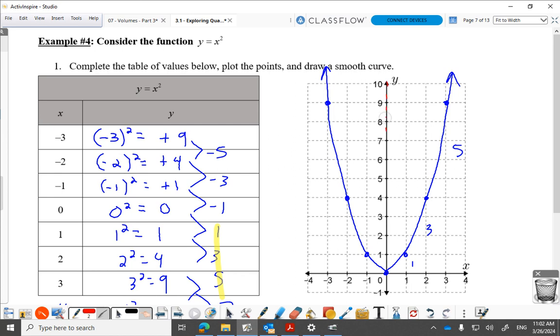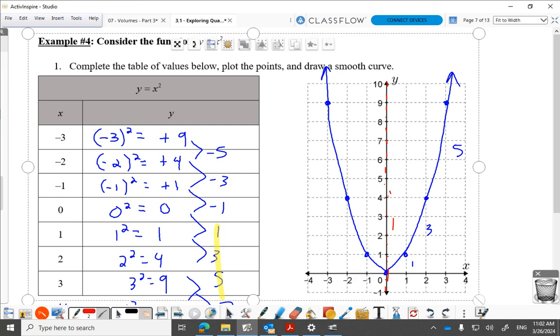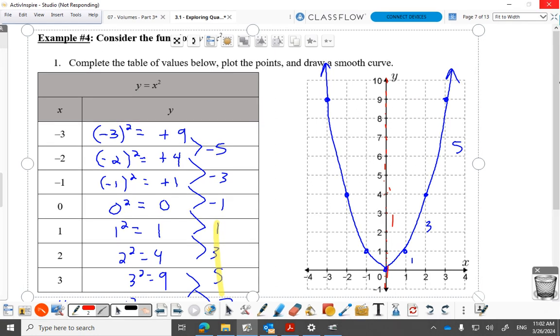That line right there, oh, we haven't done it in weeks. What is the equation of a vertical line? Y equals 0 was this one. So this one's x equals 0. Good, right on top of it, the two of them together.